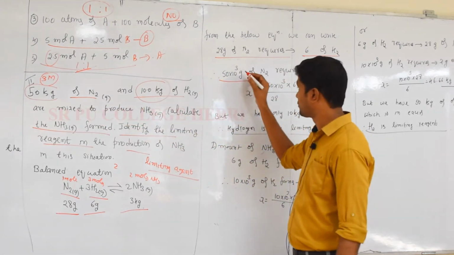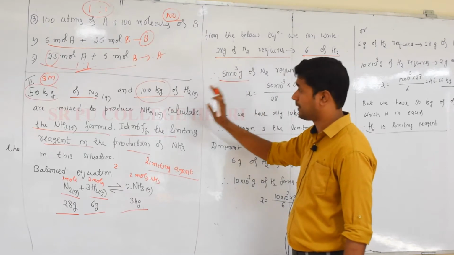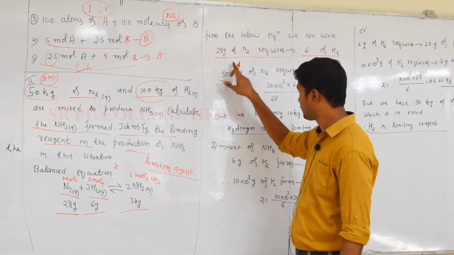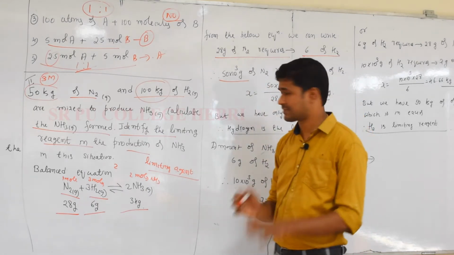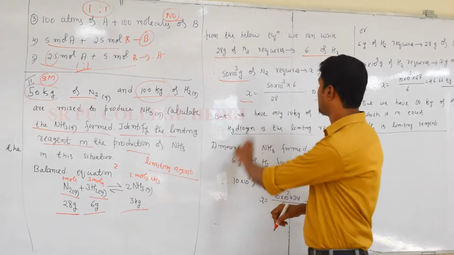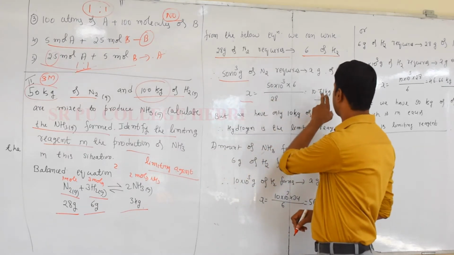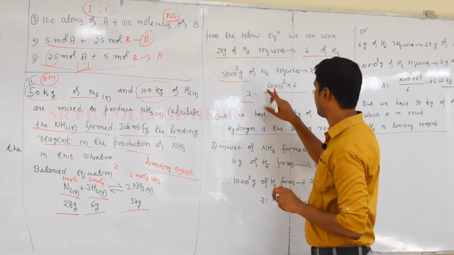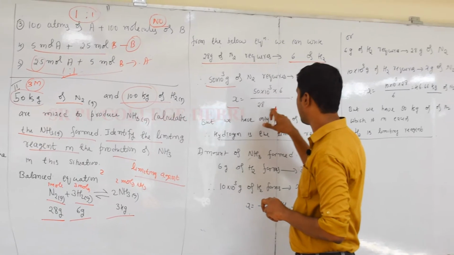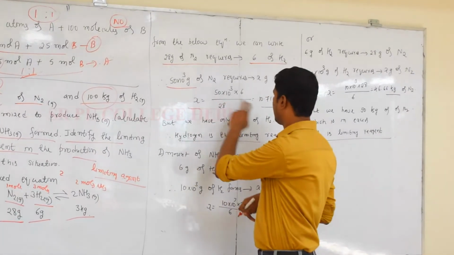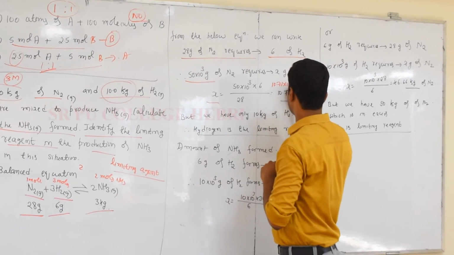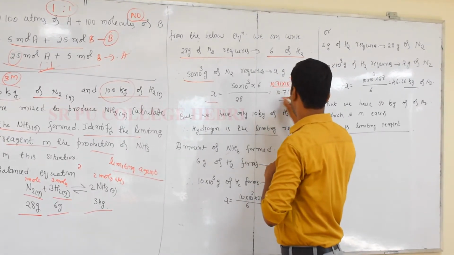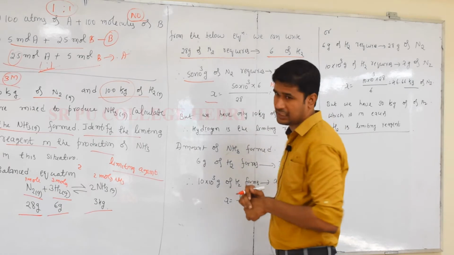I have converted 50 kg into grams: 50 into 10 raised to 3 gram of N2 requires x gram of H2. What is x now? You cross multiply it. So what is the answer? You are going to get 50 into 6 divided by 28. So the answer is 10.71 into 10 raised to 3 gram, which is equal to 10.71 kg.